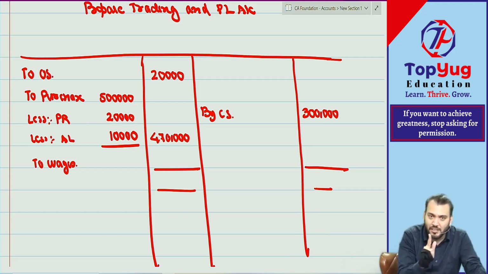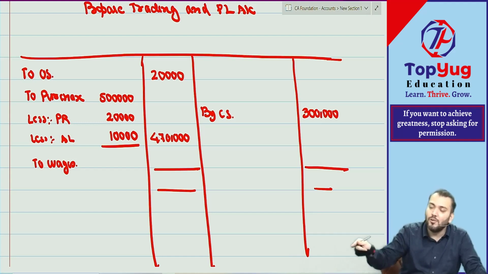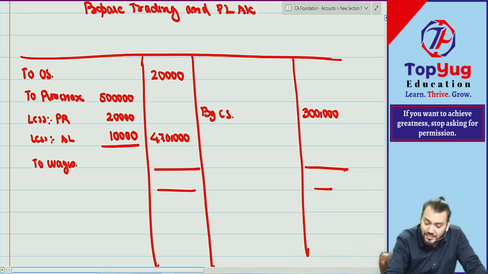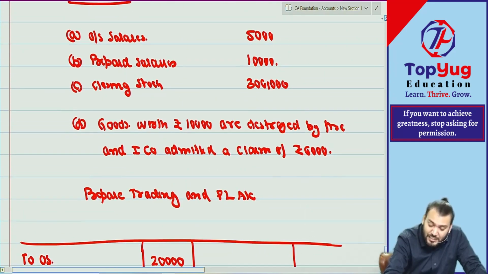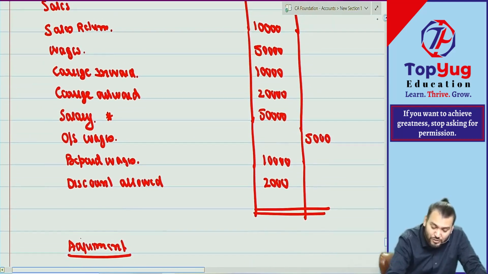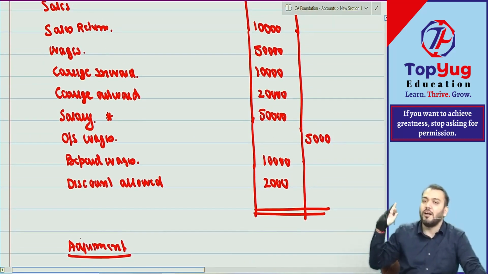So just try to understand: any item given in the trial balance without any adjustment will directly go to either trading, P&L or balance sheet. So wages has no adjustment. Therefore I said, whenever questions come, first identify adjustments and give a star mark. Is there any star mark on wages? No star mark, so directly transfer to trading, P&L or balance sheet. So wages will go where?